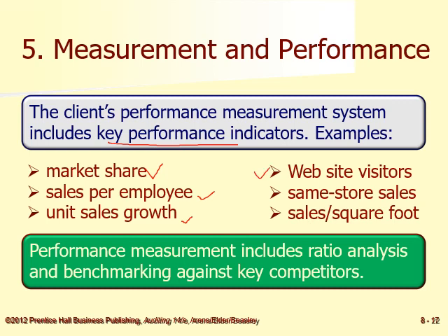We can see website visitors, how many visitors they have daily or monthly, and store sales and sales per square foot of the business. To calculate this performance measurement, we can use ratio analysis and benchmarking against key competitors. We compare this client with other competitors in the same industry.